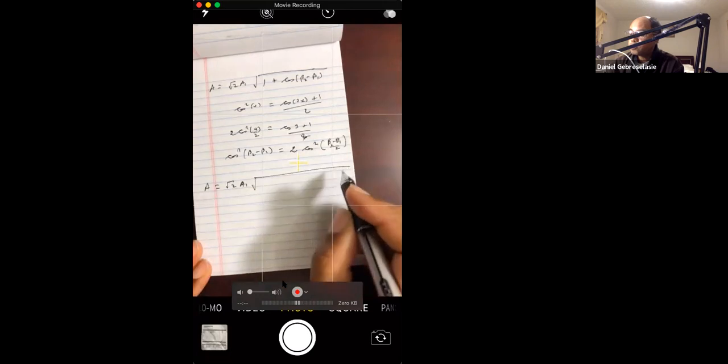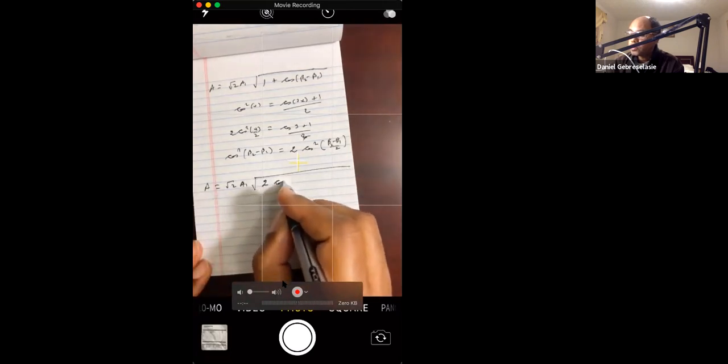So the amplitude is root 2 A1 times the square root of 2 cosine squared of beta 2 minus beta 1 over 2. I can take the square root out. That gives me 2 times A1 times the absolute value of cosine of beta 2 minus beta 1 over 2. So this is if the two amplitudes are equal.